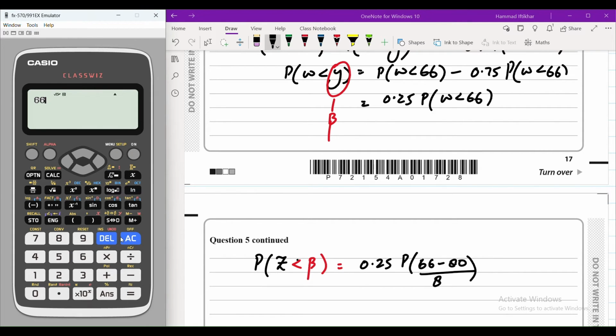Sorry, why is it not letting me? That is minus 7 over 4, minus 1.75.